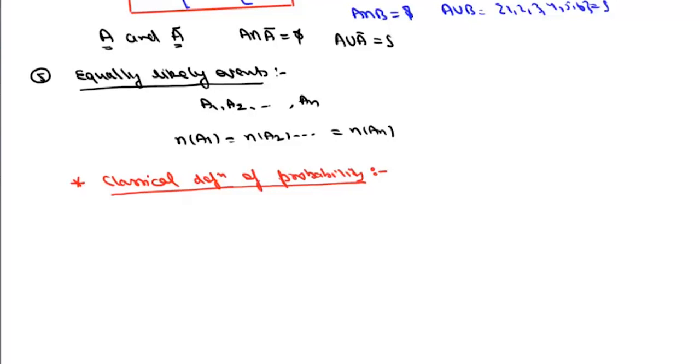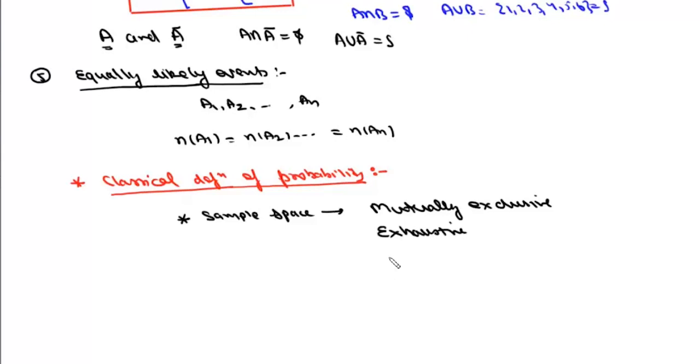In the classical definition of probability, the assumption is that all the outcomes in the sample space are mutually exclusive, exhaustive, and equally likely.